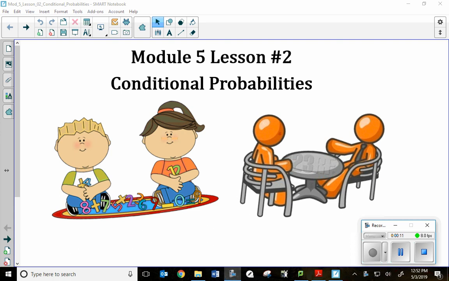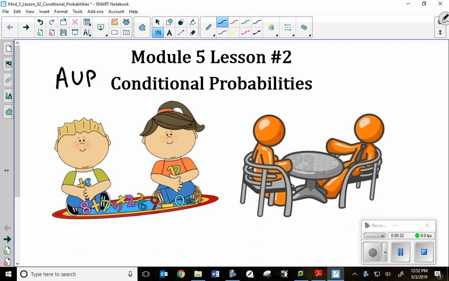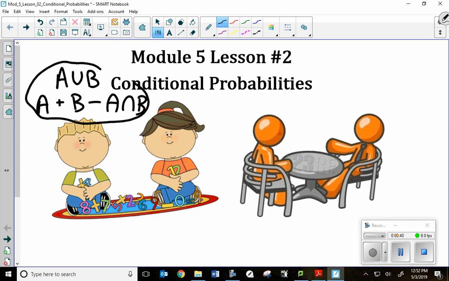Okay, we are going to talk about conditional probabilities. And as far as seeing this on the finals, Unit 5, Lesson 1, not so much. Maybe the equation that you need to find, like A or B. Remember, that's A plus whatever B is minus A and B. That might come into play, okay?